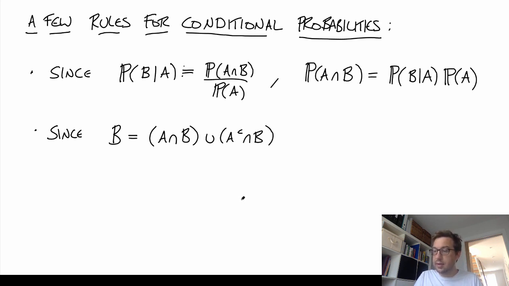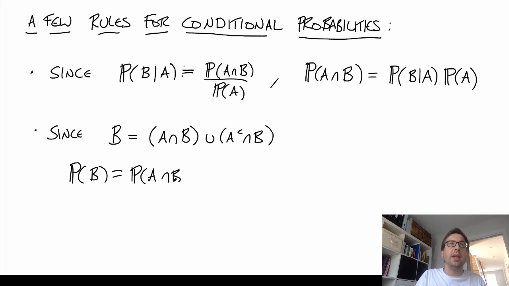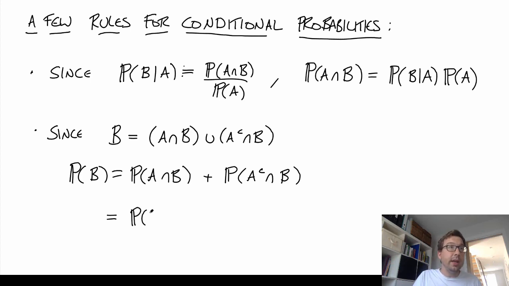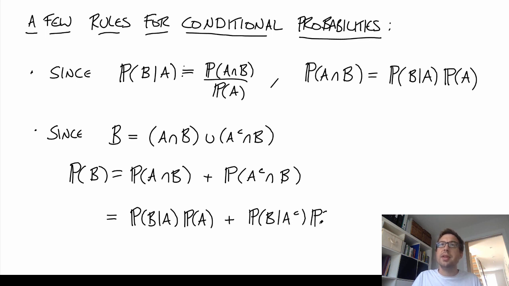So the probability of B is equal to the probability of A and B plus the probability of not A and B. Then I can use my rule up here to work out the probability of B as the probability of B given A times the probability of A, plus the probability of B given A did not occur times the probability that A did not occur. That's sometimes a useful rule.